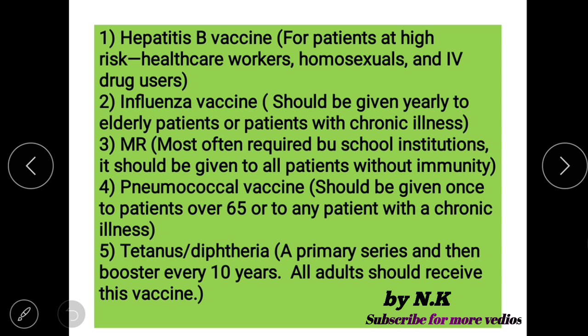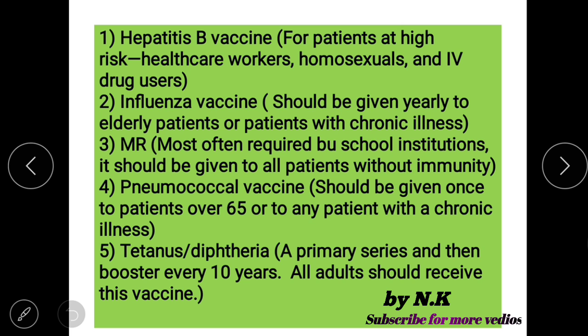We'll see one by one. The first one is hepatitis B vaccine for patients at high risk: healthcare workers, homosexuals, and drug users. The second vaccine, influenza vaccine, should be given annually to elderly patients or patients with chronic illness. Third one, MMR, most often required by schools and institutions.